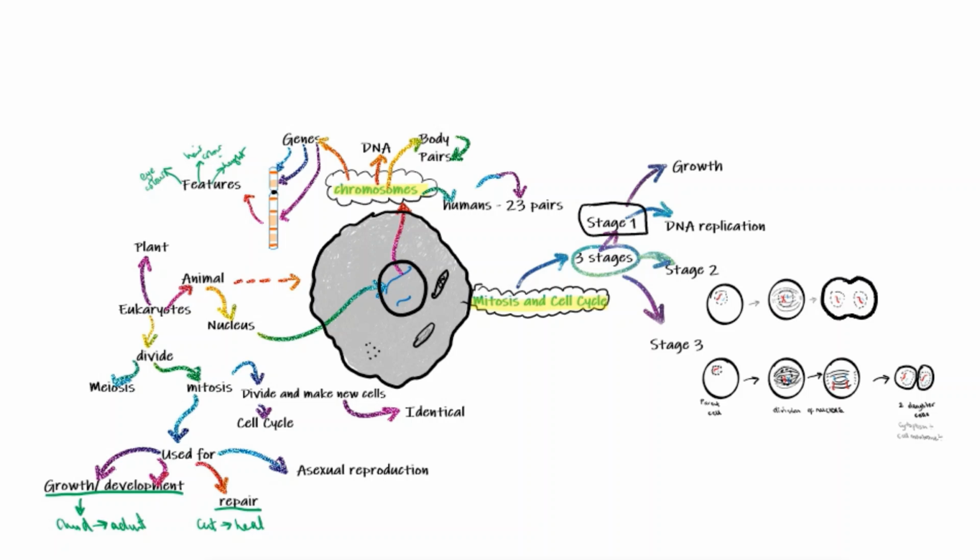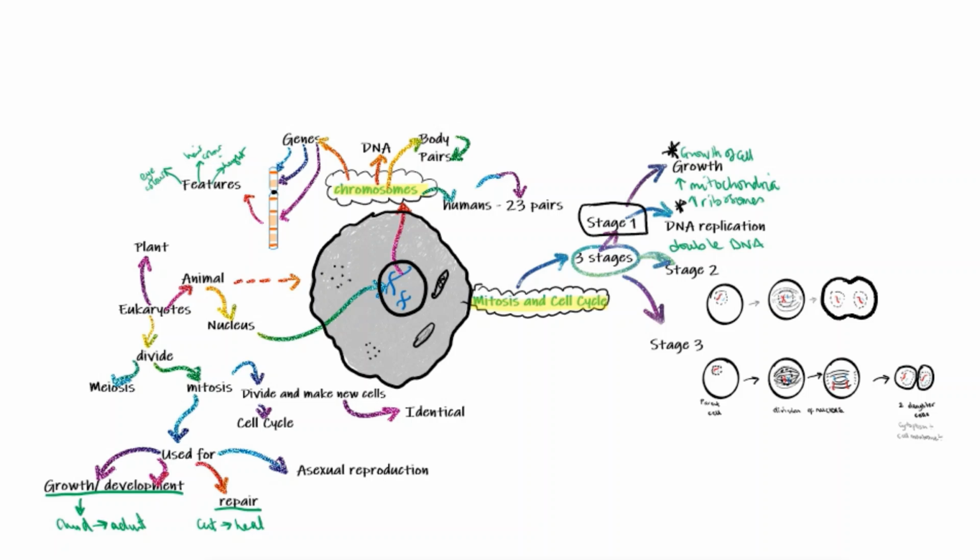For stage 1, the growth section involves the cell growing. This means that there's an increase in subcellular structures, such as double the amount of ribosomes and double the mitochondria. DNA replication involves the doubling of DNA.